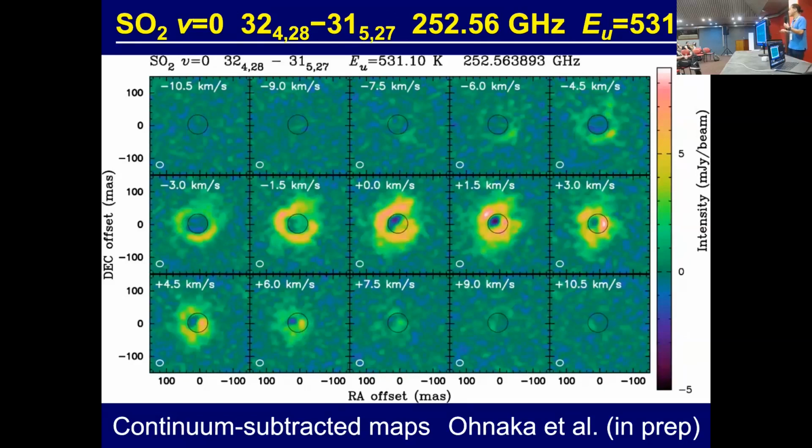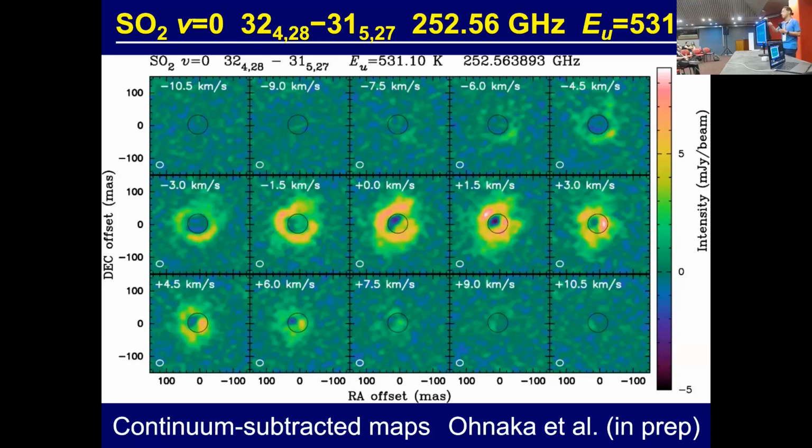One of the SO2 lines, okay, you can see very complicated, very interesting emission. I guess I forgot to mention, the field of view is 250 by 250 milliarcseconds. So the stellar disk is 60 milliarcseconds, and the angular resolution is about 20 milliarcseconds. So we are really looking at details over the stellar disk and the atmosphere within a few stellar radii.